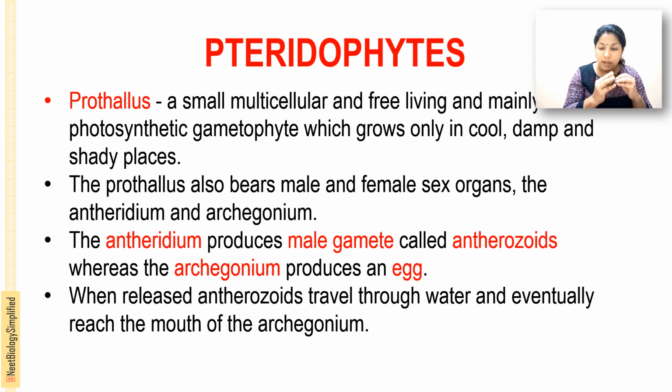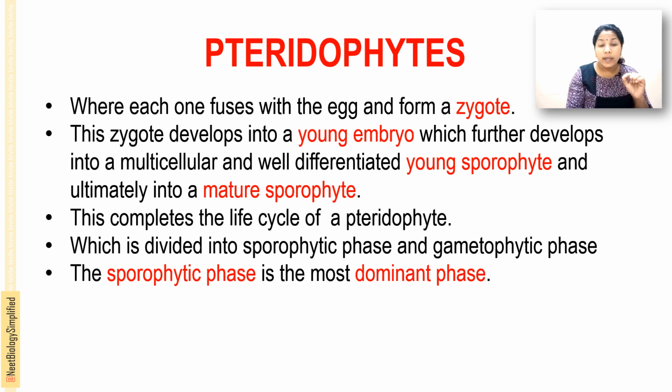Once in contact, each of these androzoids fuses with the egg and produces a zygote.